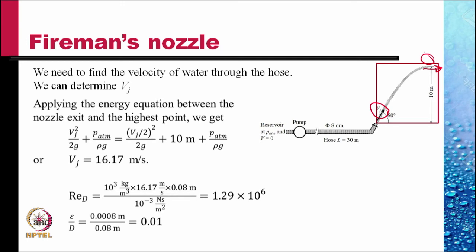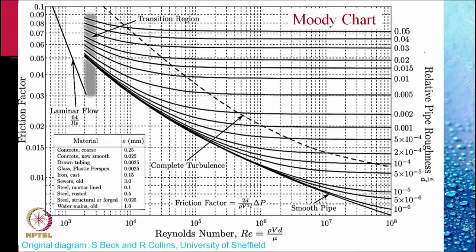So, then we can go to the Moody chart, enter at the Reynolds number of 1.29 into 10 to the power 6 and go up to the relative pipe roughness of 0.01 that we determined. And so, that is the point that we reach.